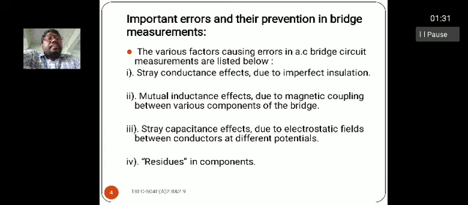These are the main important errors in the bridge measurement.